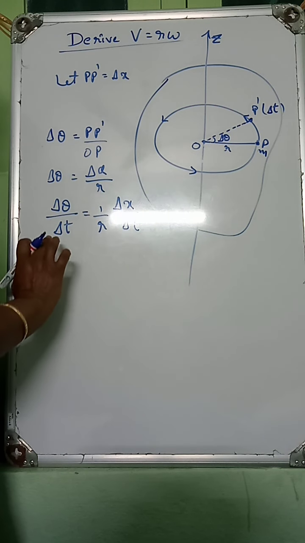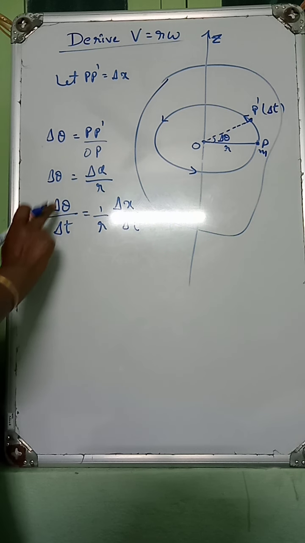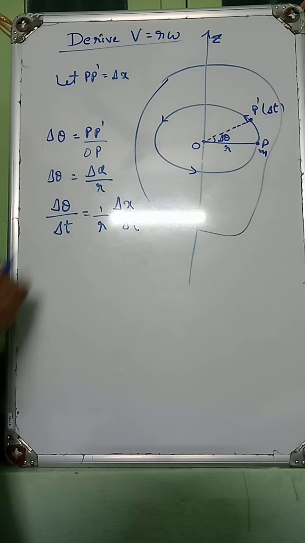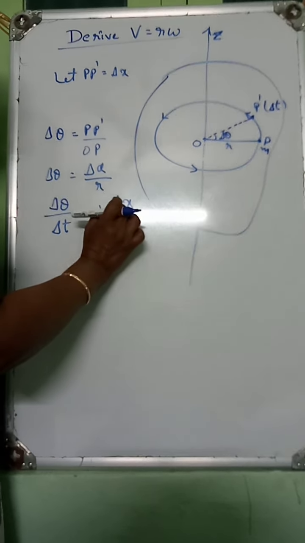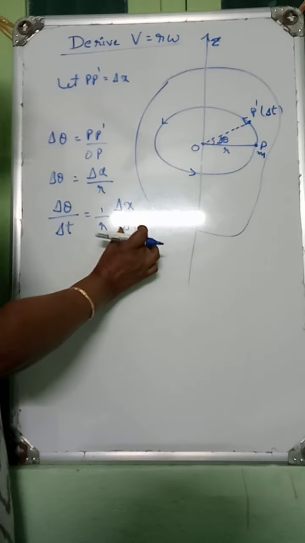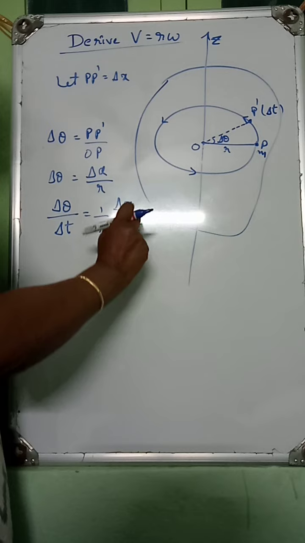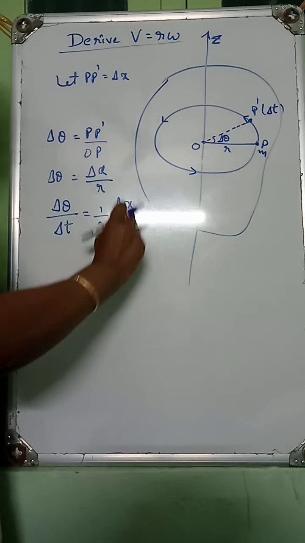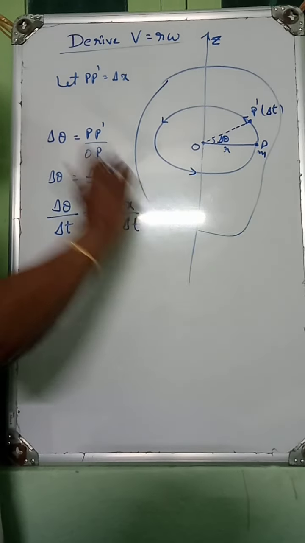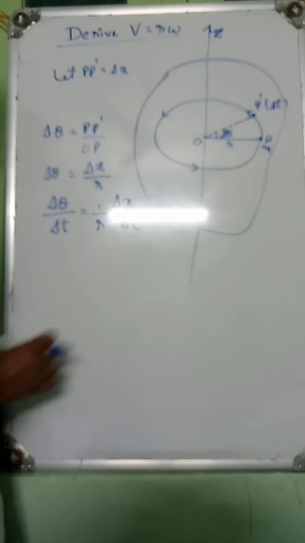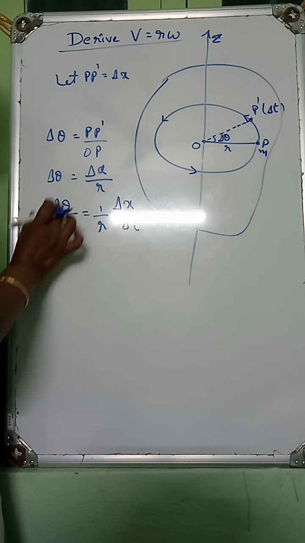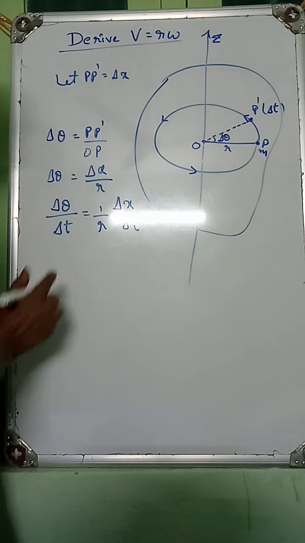What is delta theta by delta t? Rate of change of angular displacement. What is delta x? Change in position. What is delta t? Time taken for that change. The change in position by time gives linear velocity. Change in angular displacement by time gives angular velocity.